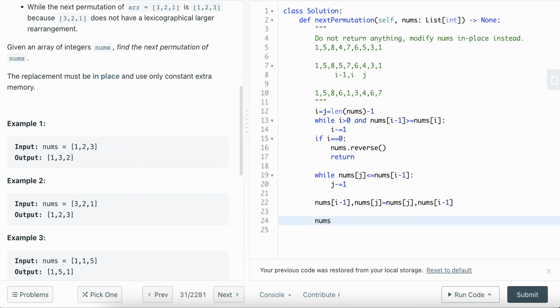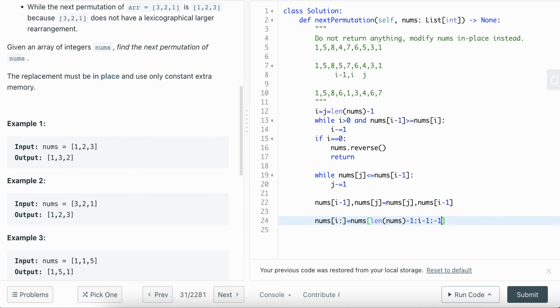In Python, we want to start from the i position, and for the rest of the array, nums[i:] equals nums[len(nums) - 1 : i - 1 : -1], from the end of the array to the i position.